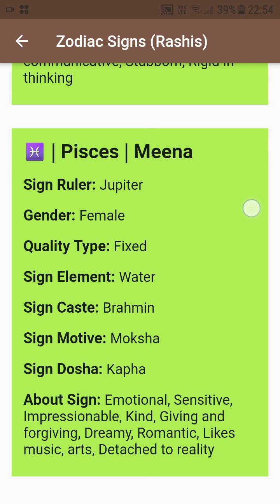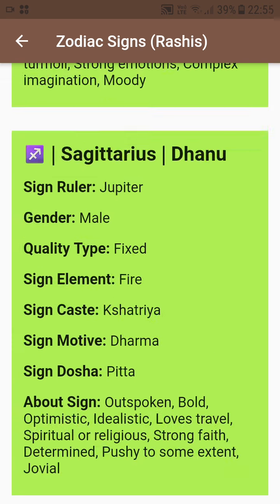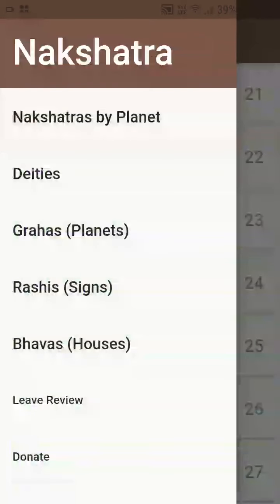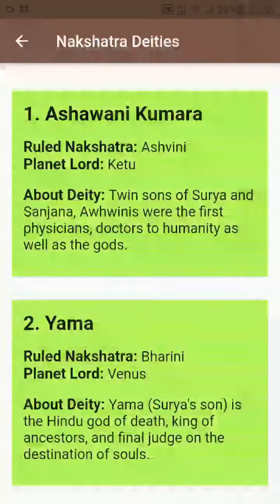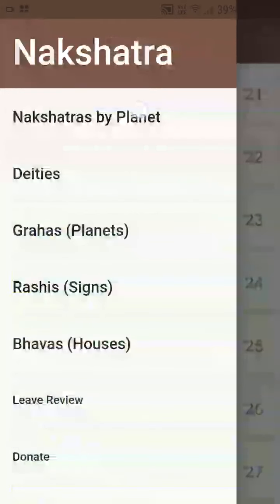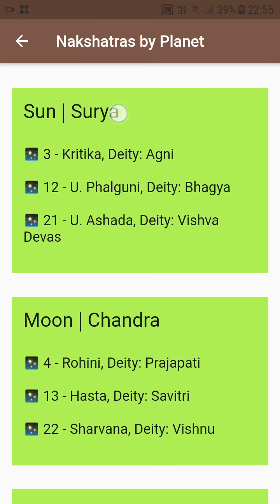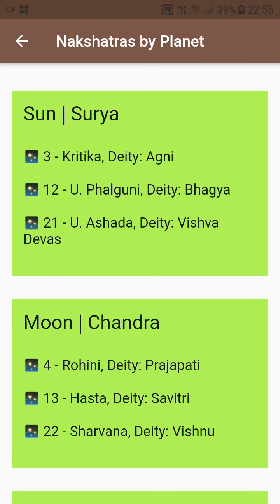Okay, so that's briefly about the Rashis. What I would suggest you people, go over the deities. First you go over the planets, like nakshatra by each planet, and then you will see what qualities they are composed of, because these planets rule three nakshatras, and these nakshatras belong to three deities: Agni, Bhagya, Vishwadeva.